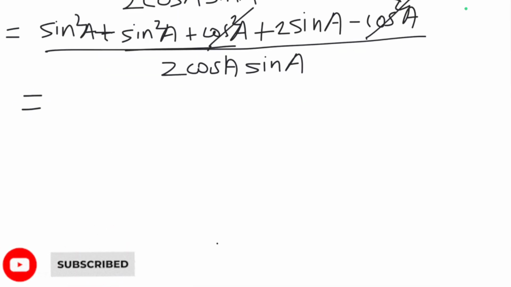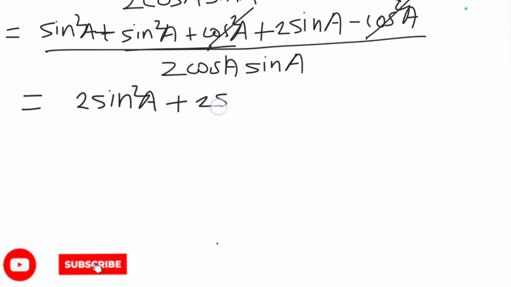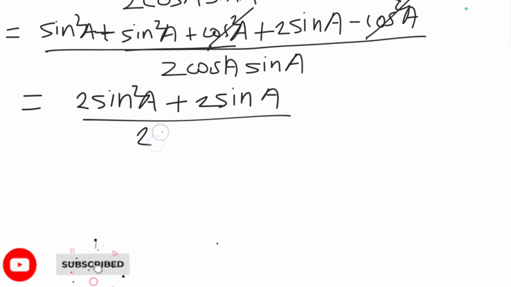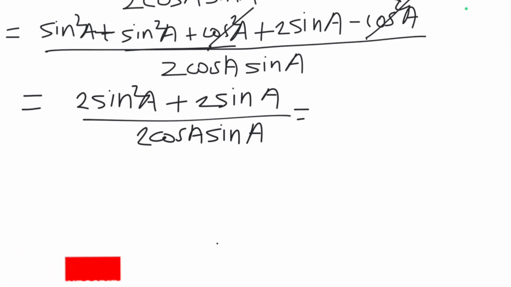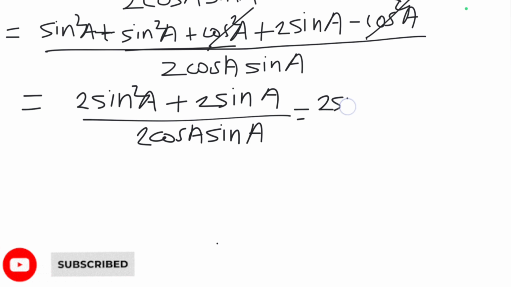Now sin square A plus sin square A, that is 2 sin square A plus 2 sin A, divided by 2 cos A sin A. Now I will skip one step and directly tell you that it is 2 sin square A plus 2 sin A upon 2 sin A cos A. Can you see there 2 sin A is a common term?